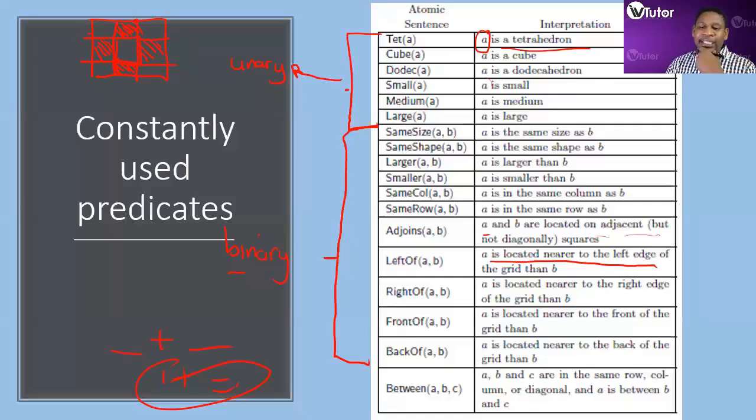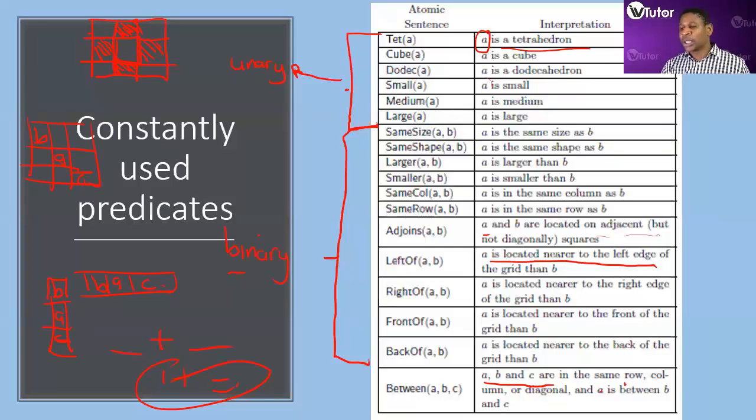Then between: A is between B and C. So it means A, B, C are in the same row or the same column or they're diagonal, and A is between B and C. So you have to be in the same row, and A should be between B and C, or the same column, A is between B and C, or it has to be a diagonal, and then you are going to have A between B and C like that.